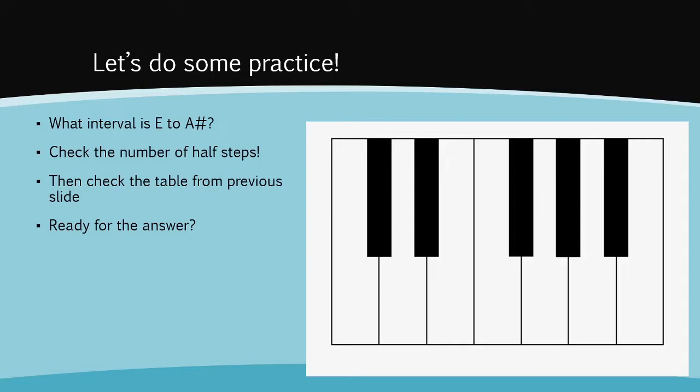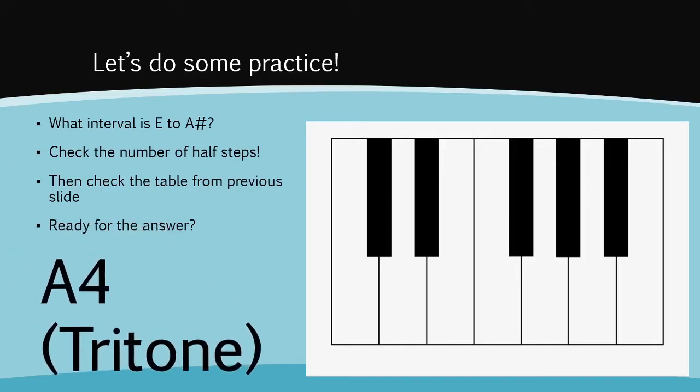That might sound familiar to some of you who have watched my other videos. All right, so here's the answer. It is an augmented fourth. When you have augmented, it's A. When you have diminished, it's D. That's how it's notated for shorthand.